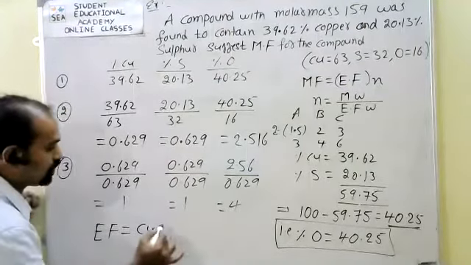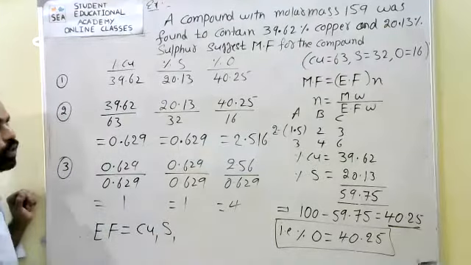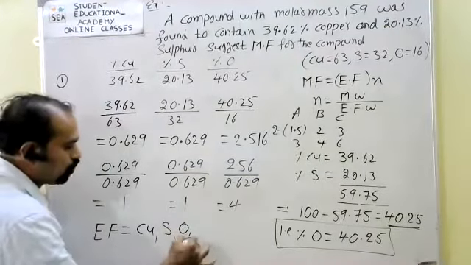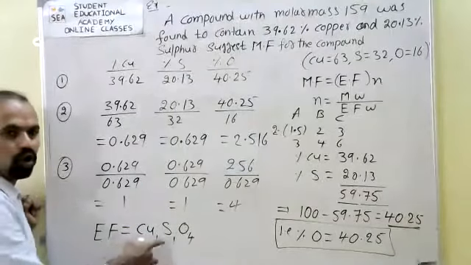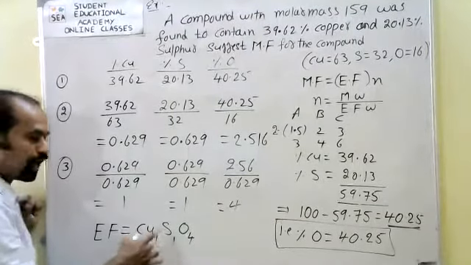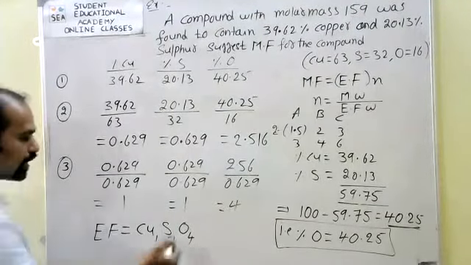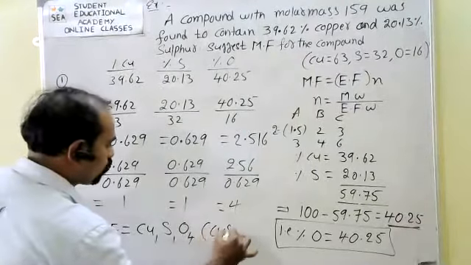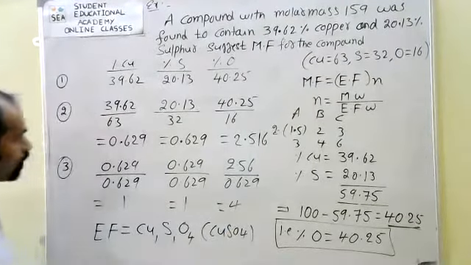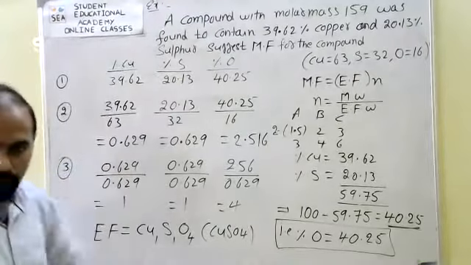What about sulfurs? 1. What about oxygens? 4. It is called the empirical formula. That is nothing but CuSO4. This is the empirical formula of the given compound.